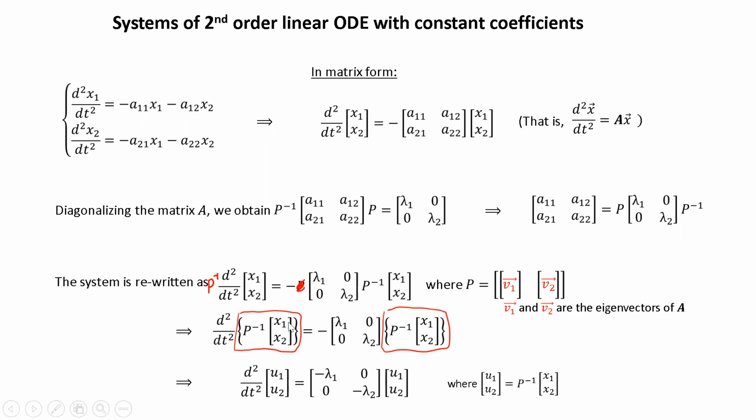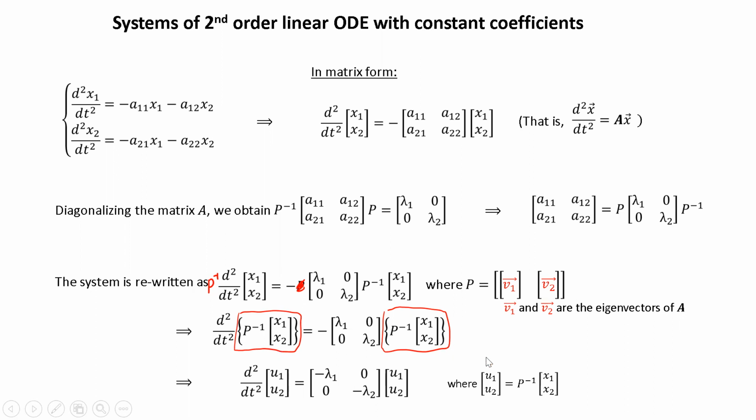This P inverse, no matter what, is a constant matrix. So after you multiply this P inverse with this x1, x2, you will just get another column vector anyway.